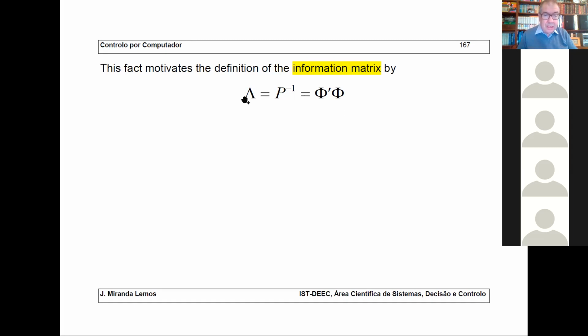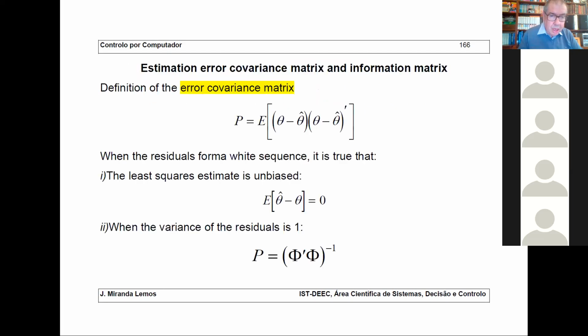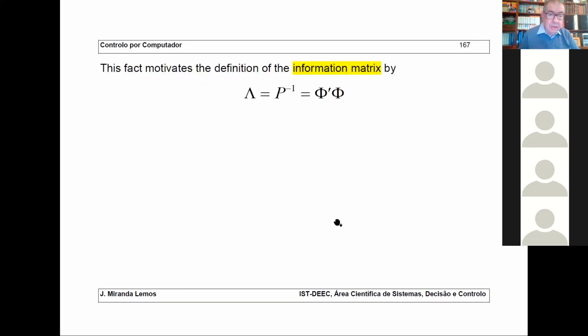And the information matrix is related to phi transpose phi. Actually, these are nothing but words at this moment, but you can relate this information matrix with other concepts related to information theory. So remember these two concepts, the error covariance matrix and the information matrix, which is its inverse.